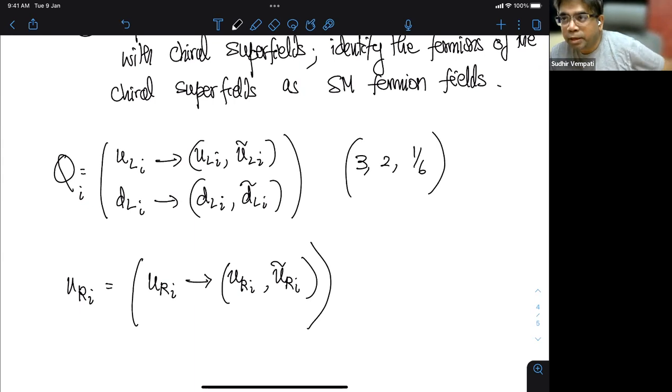If you remember our superpotential, we said that if you want to write a gauge invariant term with the Yukawa coupling, the left and right should have opposite charges. So instead of making a superfield directly with U_R, I conjugate the U_R component fields and make a superfield out of them.